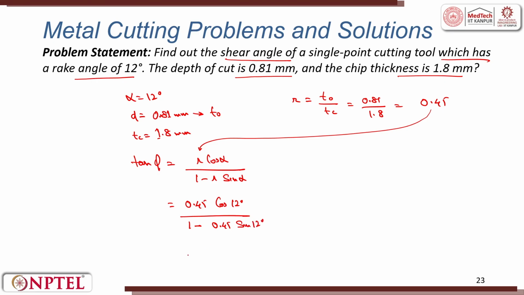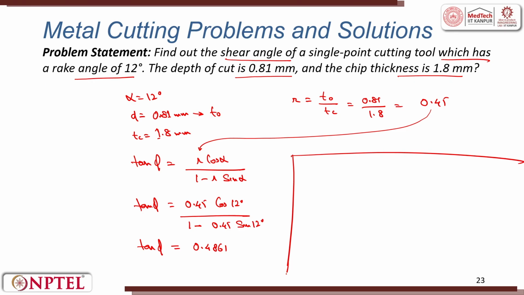This gives me the value of tan phi as 0.4861. Now phi is equal to tan inverse of 0.4861. This is equal to 26 degrees.